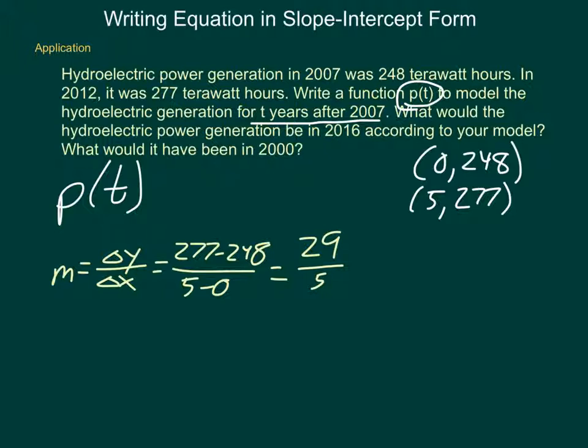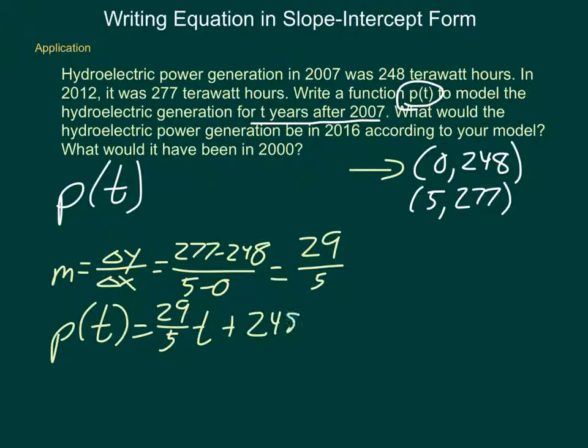Since I can't simplify this fraction, that is my slope. Now I do have my y-intercept, or my P of t intercept, so my equation comes out to be P of t equals 29/5 t plus 248.